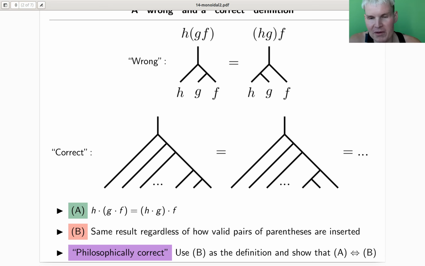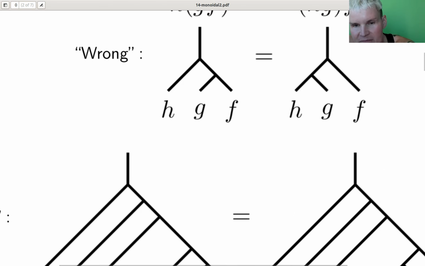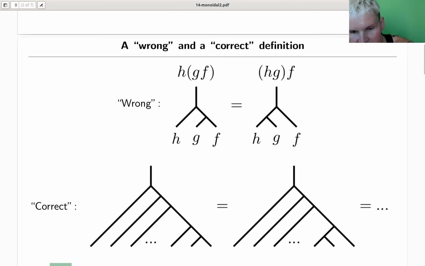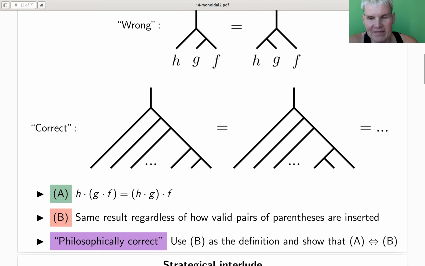But somehow, for some reason, this is what people usually tell you is associativity. Just that thing. But what it really should say is I can move my legs arbitrarily around. You'll see a slightly better picture in a second. But essentially, philosophically correct is definition B, right? Every way to put your brackets, your parentheses, gives the same result.